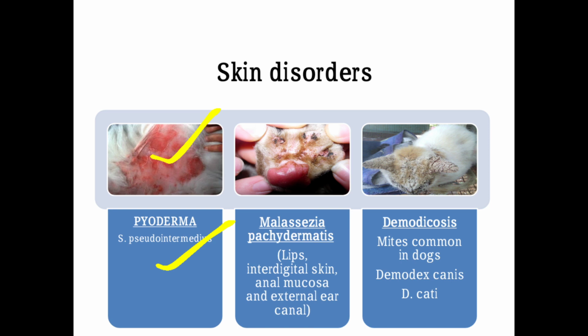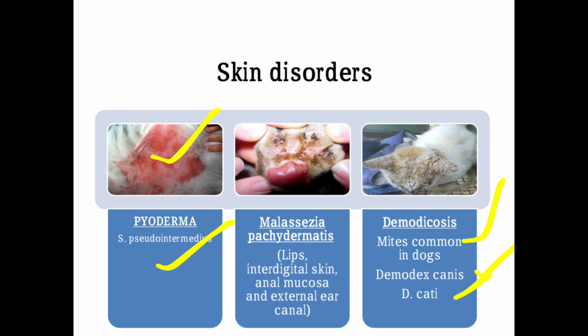And the third one is demodicosis. Demodicosis is a very dangerous disorder which occurs due to mites, commonly at a young age in dogs. It is caused by Demodex canis in dogs, while Demodex cati is the species of mite in felines. So what does demodicosis cause?